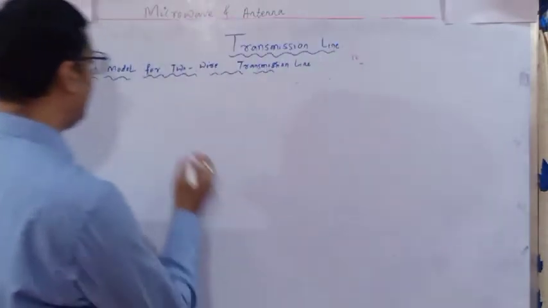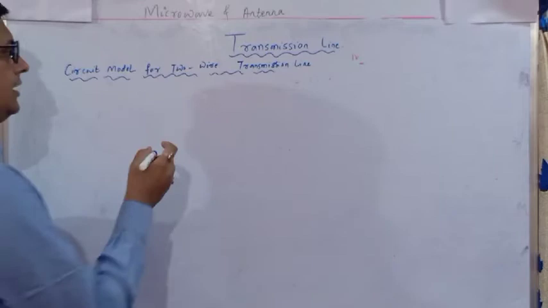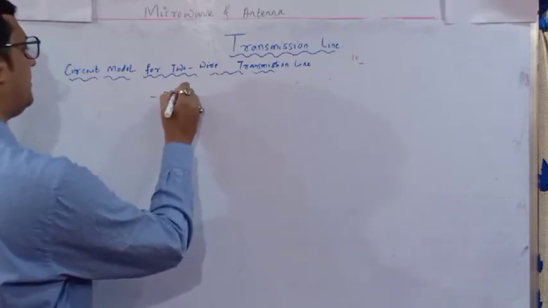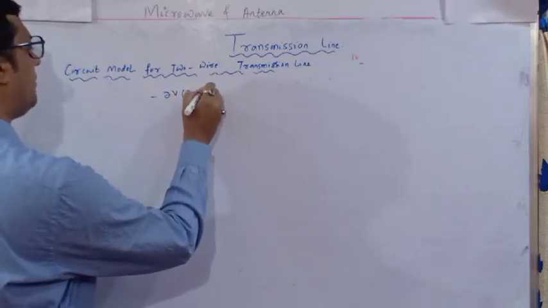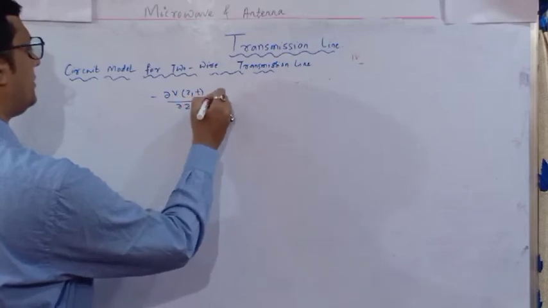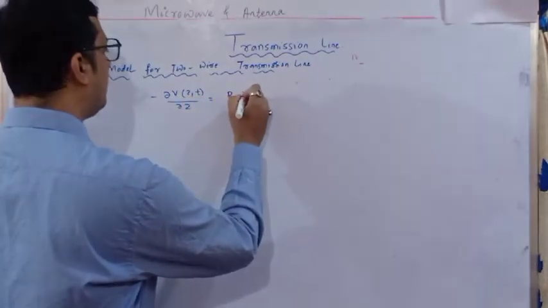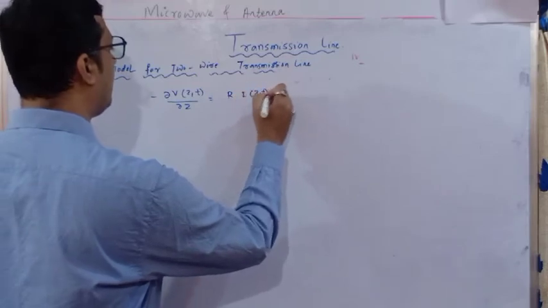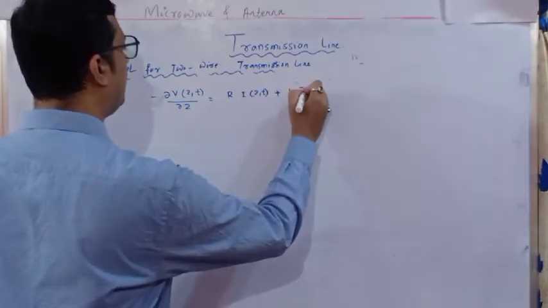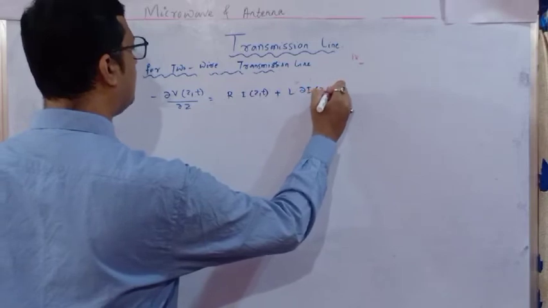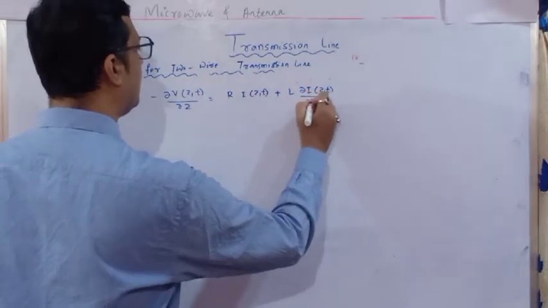First one, using KVL, what we have got? Minus del V of z comma t by del z is equal to R into I of z comma t plus L into del I of z comma t by del t.